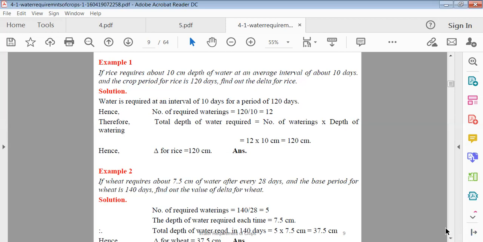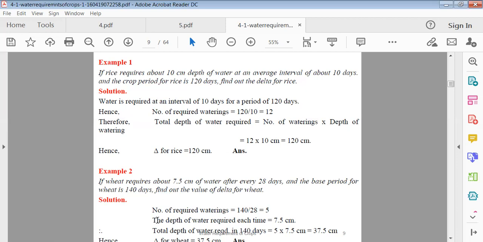Similarly, the second problem: if wheat requires about 7.5 centimeters of water for every 28 days and the base period of the wheat is 140 days, find out the value of delta for wheat.